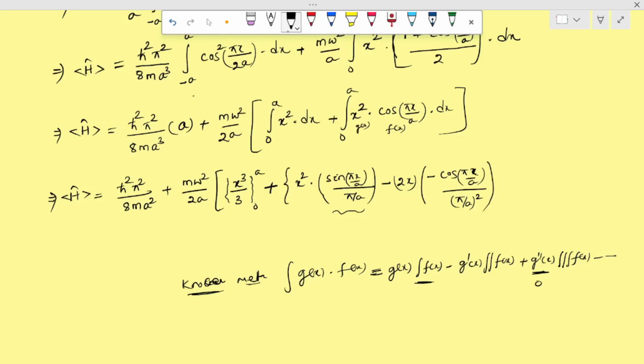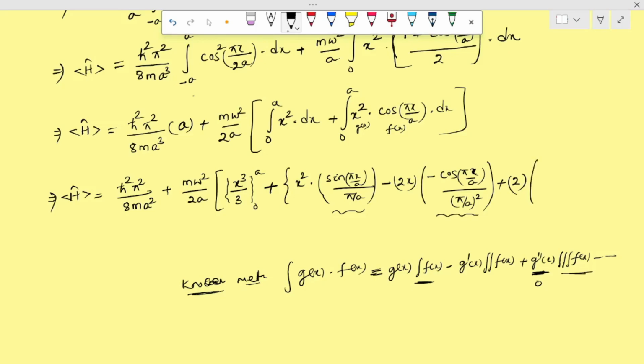Then the third term will be plus the double derivative of g(x). The single derivative is 2x, the double derivative will be 2 only, and the triple integration of f(x). The double integration value is this one.